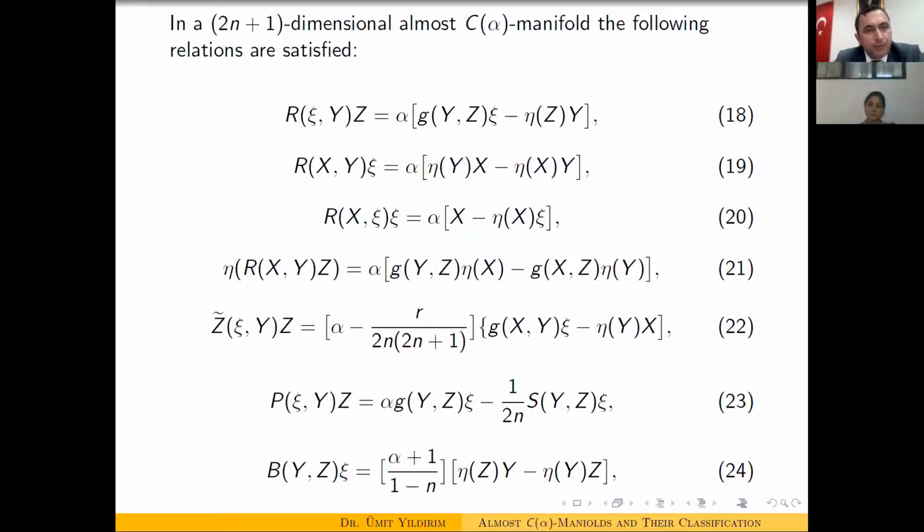In a 2n+1 dimensional almost C alpha manifold, the following relations are satisfied.